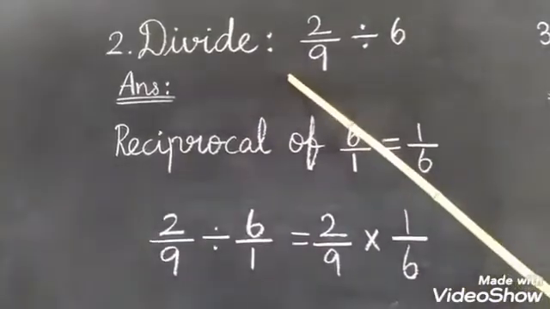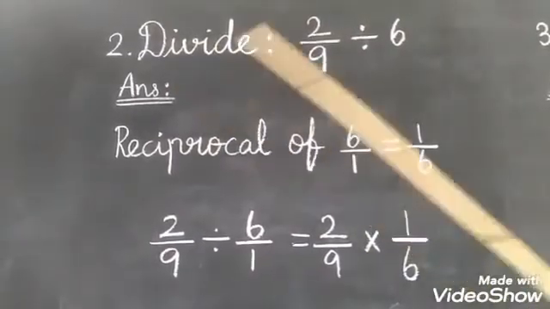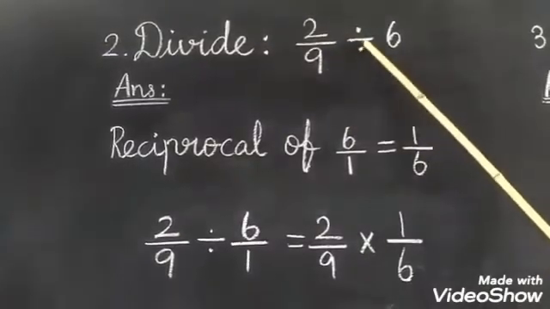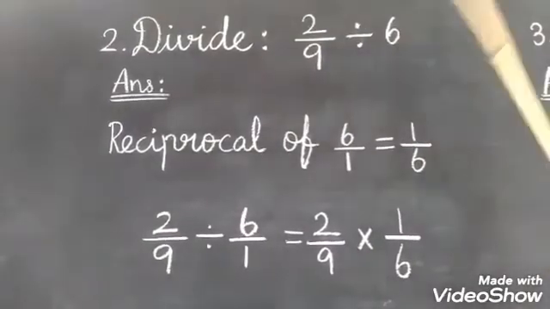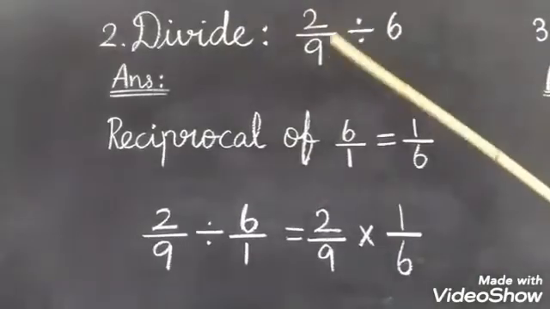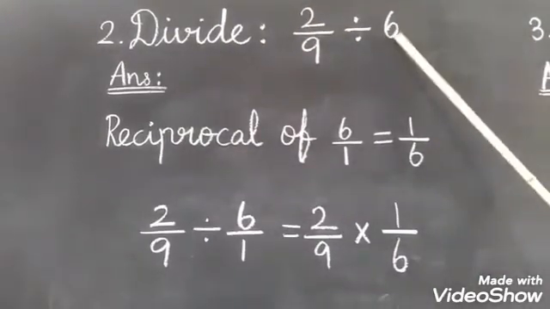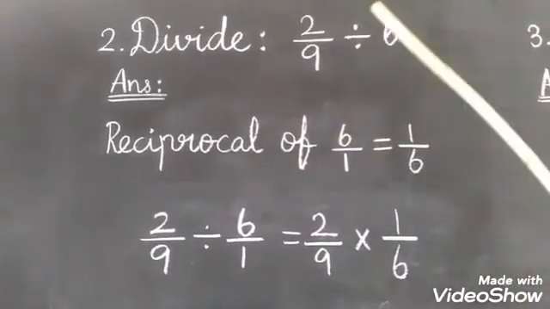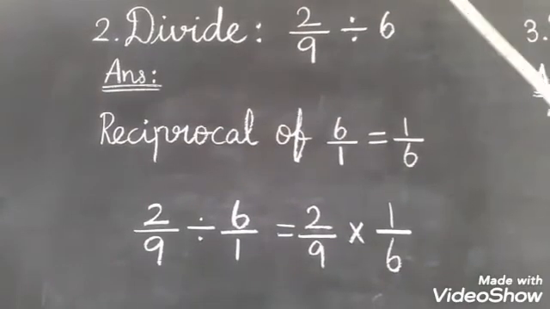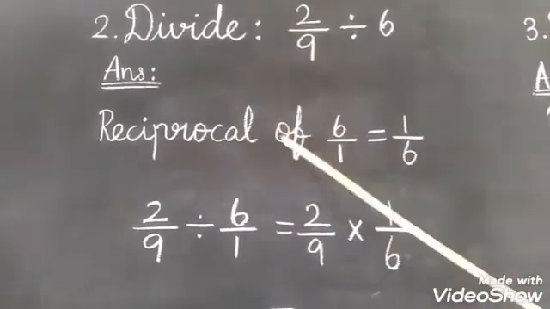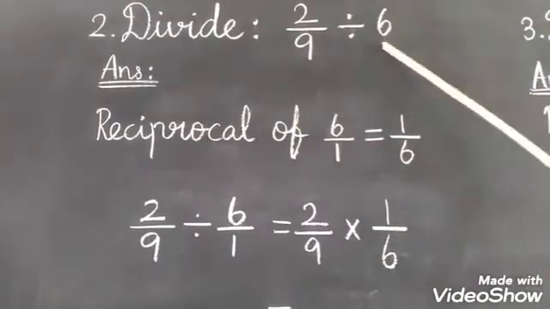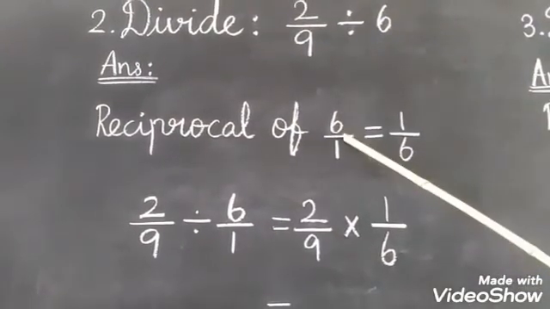See the second sum in division. Divide 2 by 9 by 6. We have to divide 2 by 9 by 6. First we have to find the reciprocal of 6. Here 6 is a whole number. We can write 6 as a fraction, 6 by 1.